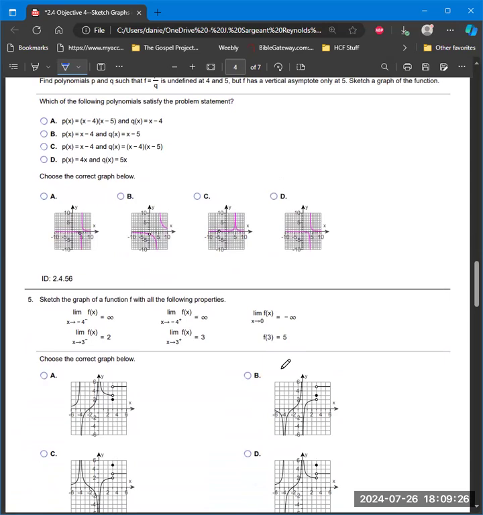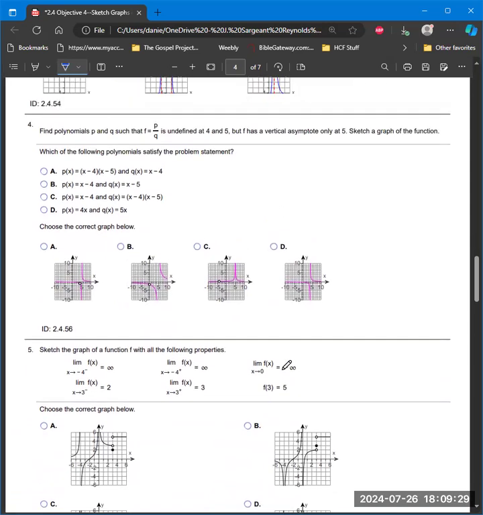Find polynomials p and q such that f equals p over q is undefined at x equals 4 and x equals 5, but f has a vertical asymptote only at x equals 5. So that's going to be x minus 4 in the top, x minus 4 in the bottom, and x minus 5 in the bottom.